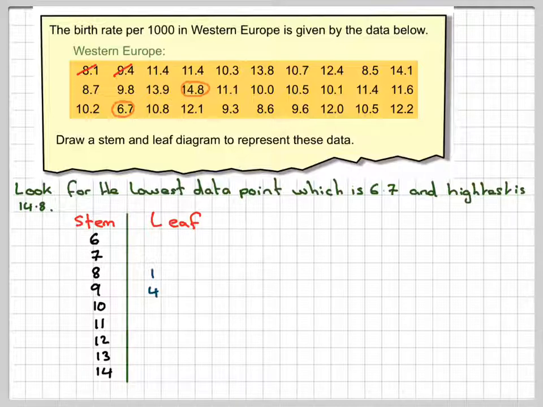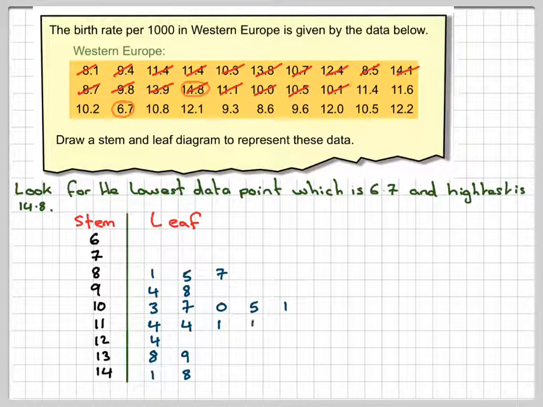Next one says 11.4. 11.4 again, so put another 4 in here. 10.3 we put in here. 13.8 we put an 8 here. 10.7, so we'll put a 7 here. 12.4 we'll put a 4 here, and 8.5 we will put a 5 here. 14.1 we'll put in here, and then we do so on for the rest of the data, crossing each one off as we do it.